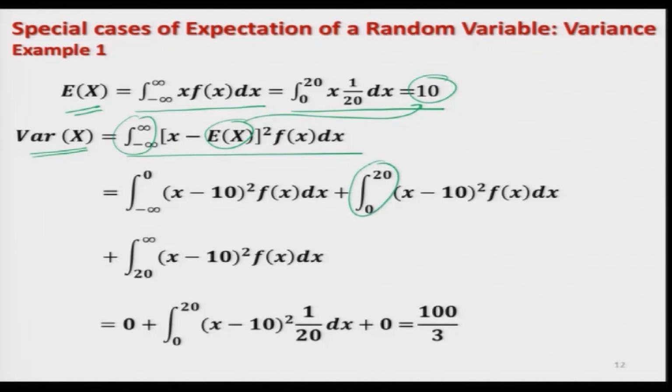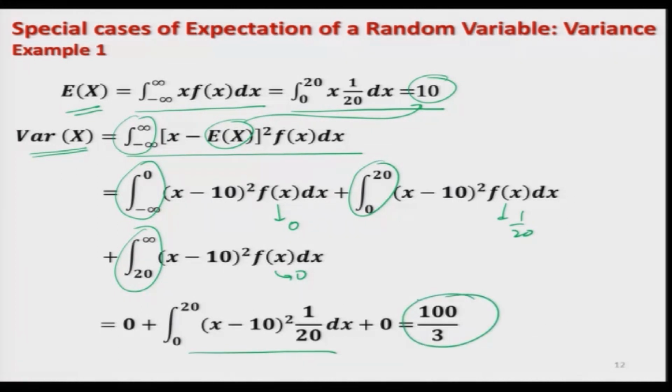So, we divide it into 3 parts, minus infinity to 0, 0 to 20 and 20 to infinity, and we compute the same function. So, obviously, in the first and third case f x is going to take the value 0. So, there is no doubt, and in the second case f x is going to take the value 1 upon 20. So, if you simply substitute and solve it, you get this integral, and this value comes out to be 100 upon 3.